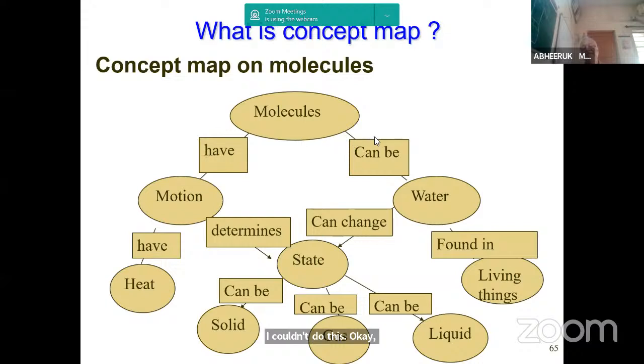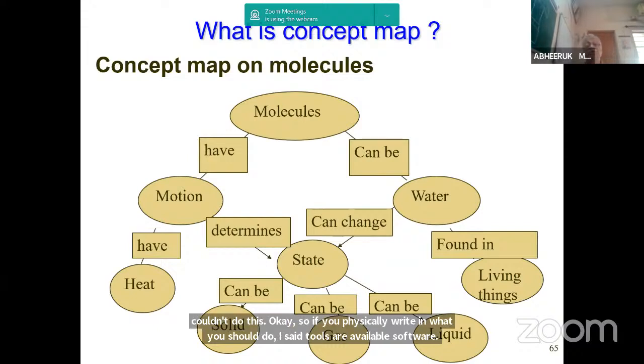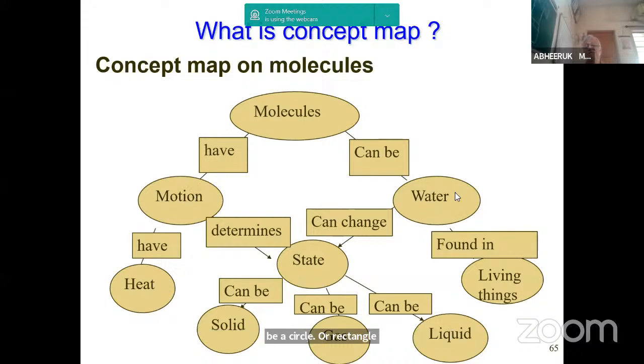If you physically write, what you should do, actually tools and software are available, and people normally use those. So this will be a circle or rectangle. These are all elliptical shapes. These will be circles or rectangles.